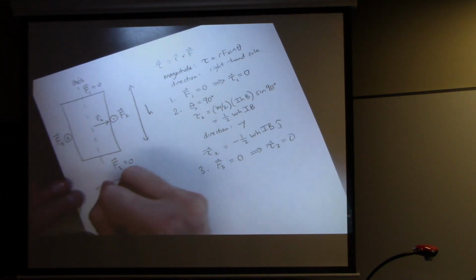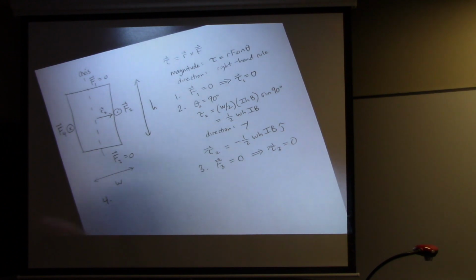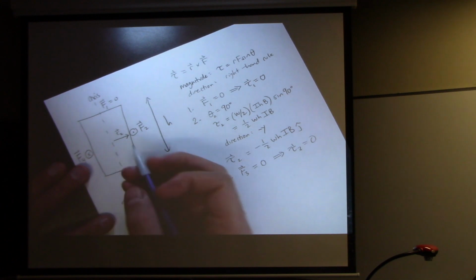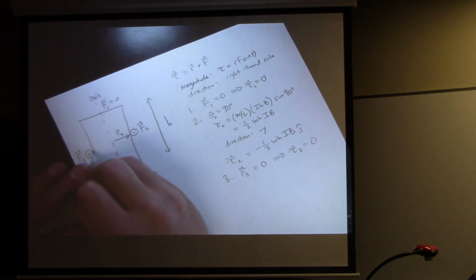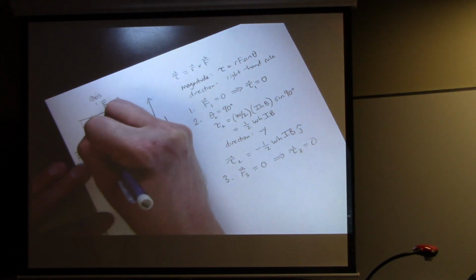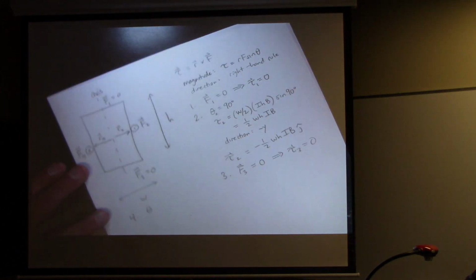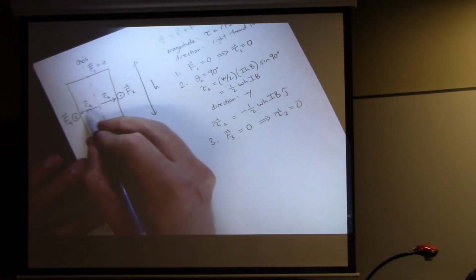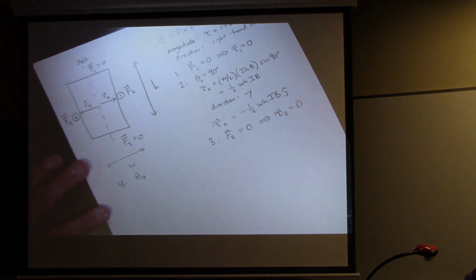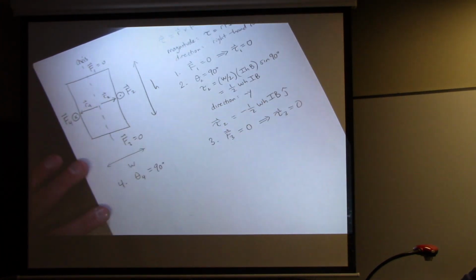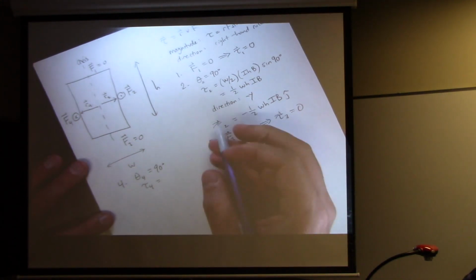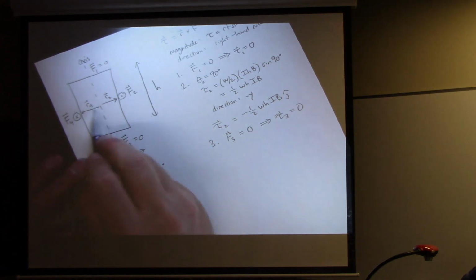And then finally, what's the torque on the fourth segment of wire? Well, here, let's once again draw the r vector, which goes from the axis of rotation to the point where the force is applied. So right there, that would be r4. And so the angle between the r vector, which is going to the left, and the f vector, which is going into the page, is still 90 degrees. They're at a right angle. Okay, so the magnitude of torque number 4 is going to be the magnitude of this r vector.